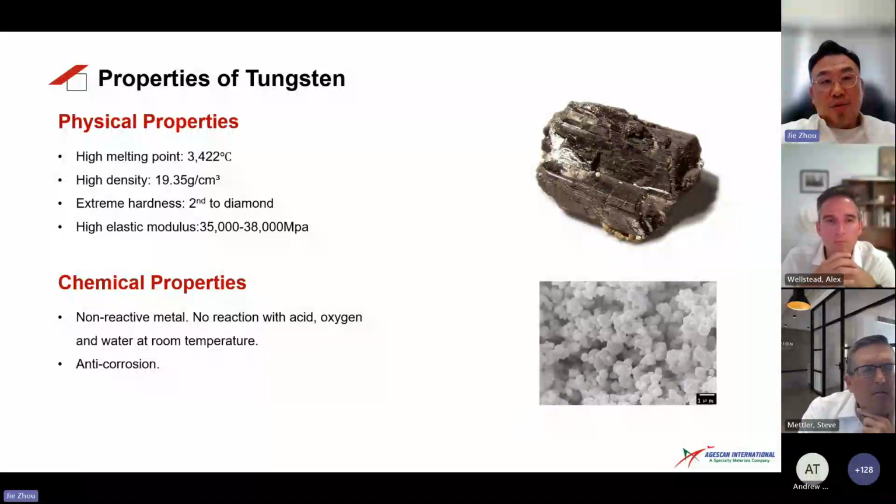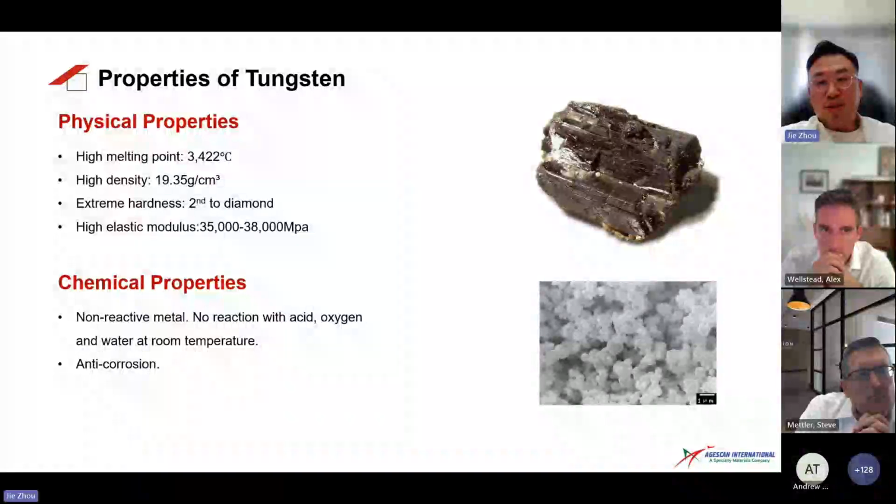This slide shows the properties of tungsten. First is the physical properties. It has the highest melting point, at 3,422 degrees Celsius. Pure tungsten has a density of 19.35 grams per cc. Tungsten alloy, take class 4 for example, has about 18.5 grams per cc, only second to gold.